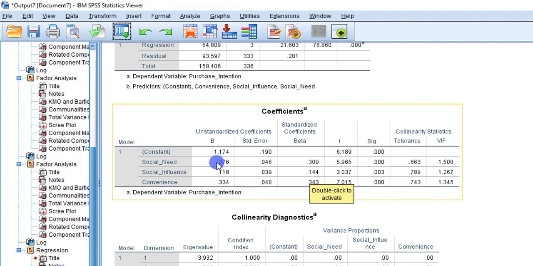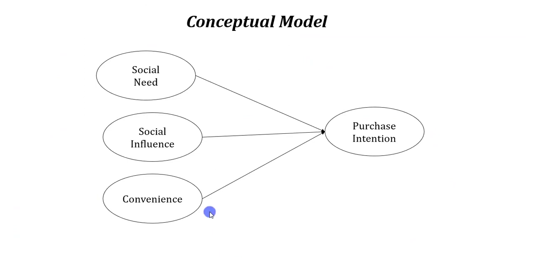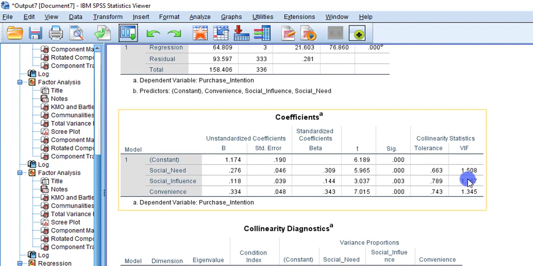So let's interpret. The first relationship is the relationship between social need and purchase intention. Let's see what the result is illustrating. Here we can see that social need has a positive and significant impact on purchase intention.